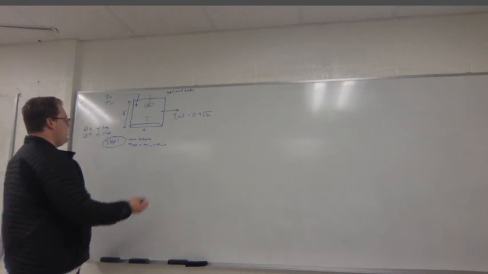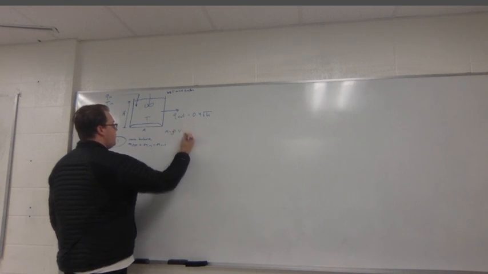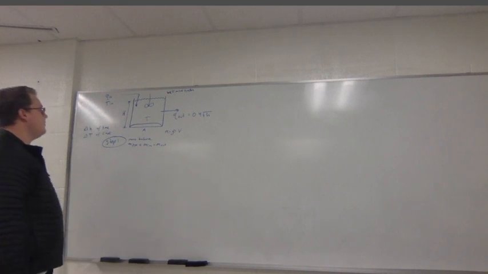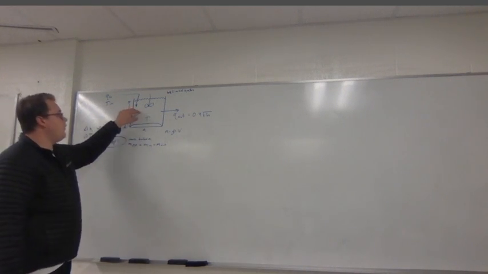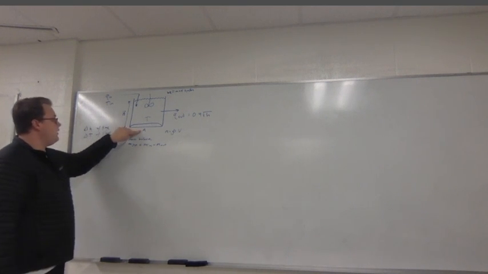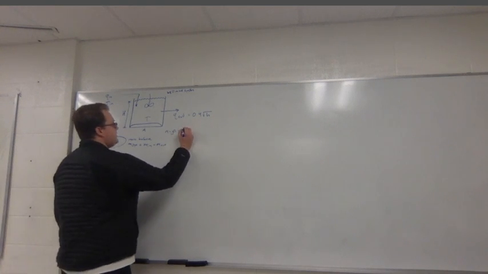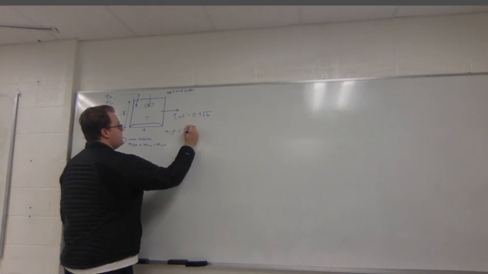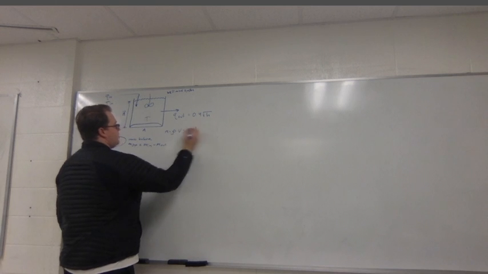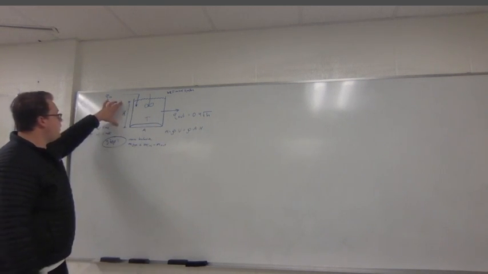We also know that mass is equal to density of our solution times volume. But in this case, we don't know the volume of the reactor, but we do know the cross-sectional area of our reactor. So we can say that this is actually equal to density times cross-sectional area times height of our fluid in the reactor.